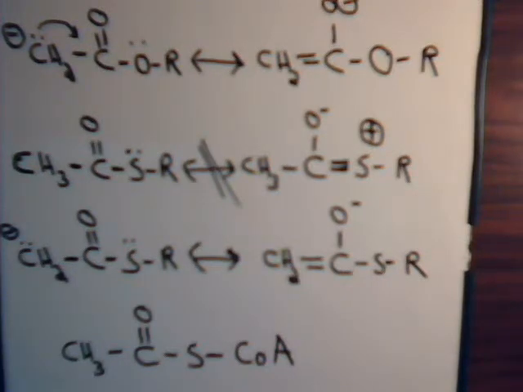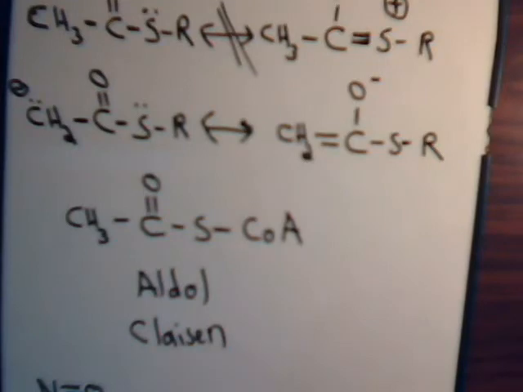Here it is not because of that mismatch of the pi orbitals, meaning that for a thiol ester, the resonance that occurs will involve the carbanion. Therefore, with acetylcoenzyme A having that sulfur there, you can form those carbanions more readily under physiological conditions, and then that's what's behind the biochemical mechanisms in aldol condensations, Claisen-type condensations, and those then are the organic mechanisms used in biological systems to form fatty acids and steroids.